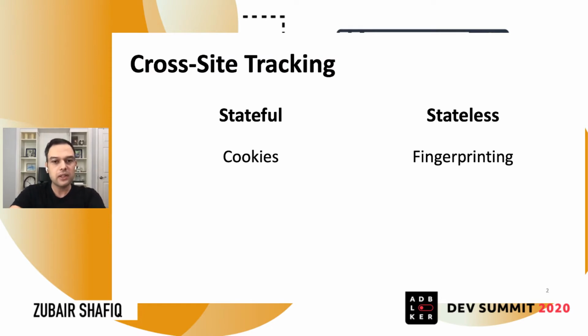So third-party tracking, or tracking in general, can be broadly divided into two categories. On one hand, we have stateful tracking, in which trackers store identifiers at the client side using cookies or other types of local storage. On the other hand, we have stateless tracking, which is also called device or browser fingerprinting.